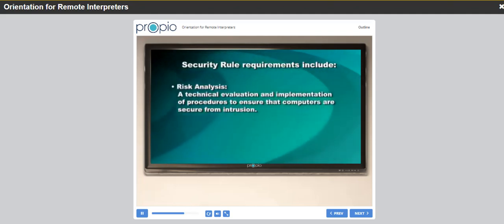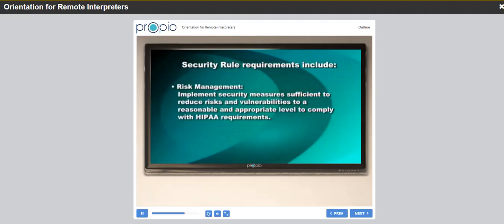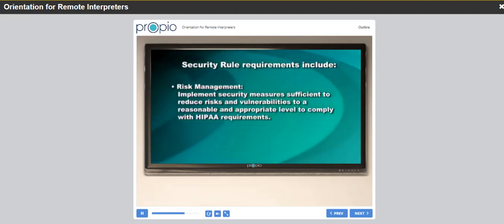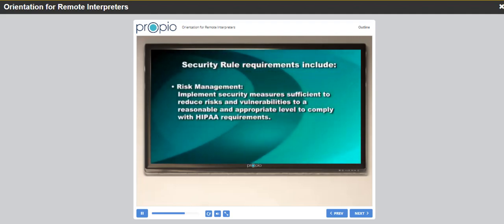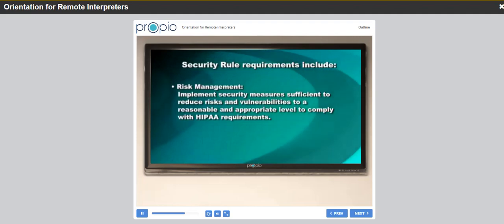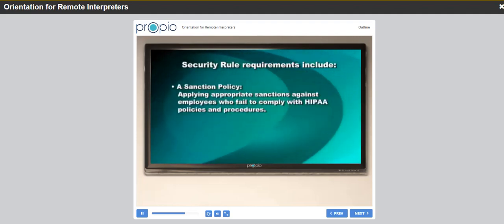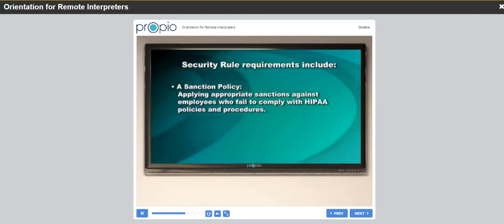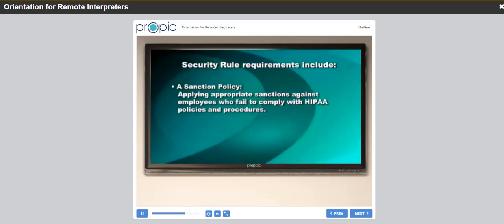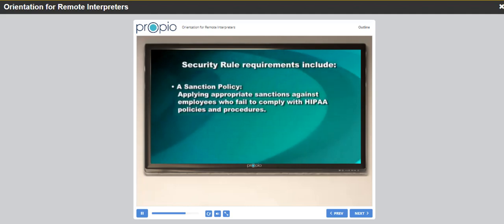Risk analysis: a technical evaluation and implementation of procedures to ensure that computers are secure from intrusion. Risk management: implement security measures sufficient to reduce risks and vulnerabilities to a reasonable and appropriate level to comply with HIPAA requirements. A sanction policy: applying appropriate sanctions against employees who fail to comply with HIPAA policies and procedures.